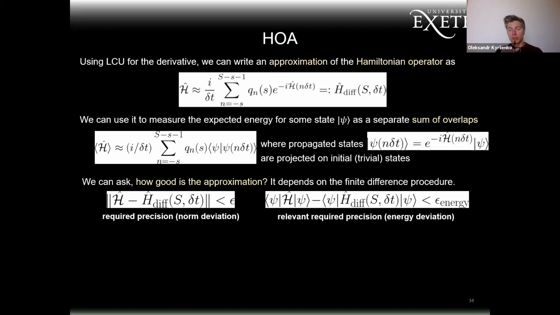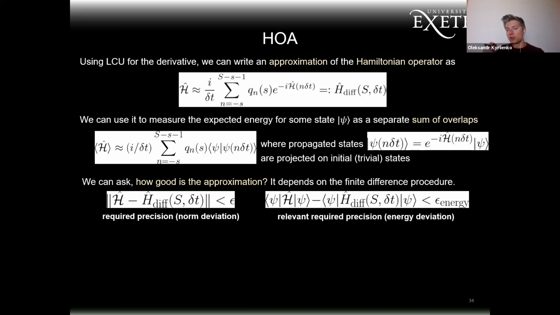How good is this approximation? It's a good question because it has two types of errors. First, if you cut your series short, you will be limited by the number of terms that you account for. Second, by the delta t, so how small the difference between 2 points is, because for finite differences, the smaller the distance delta t, the better, since you cannot take function values at 2 points far away and get a derivative.